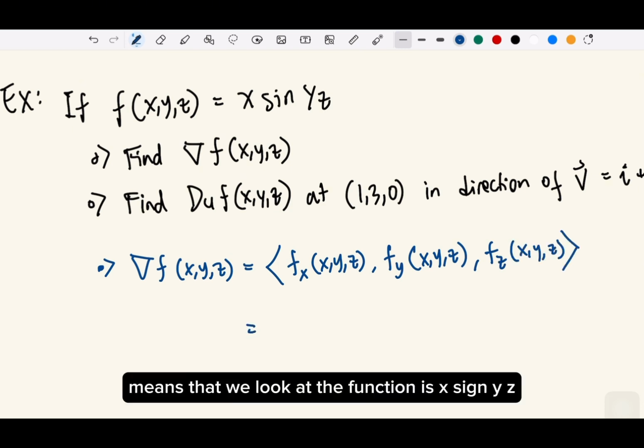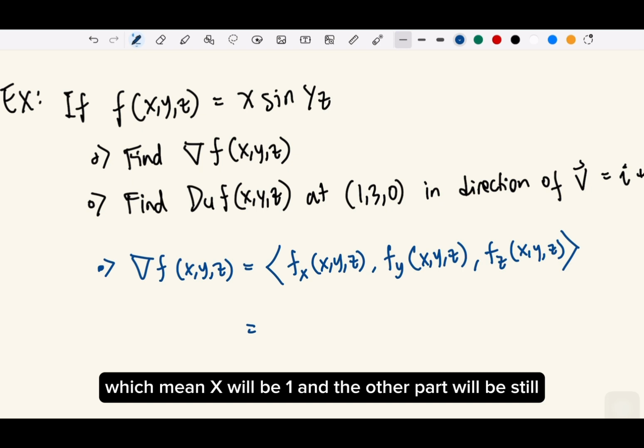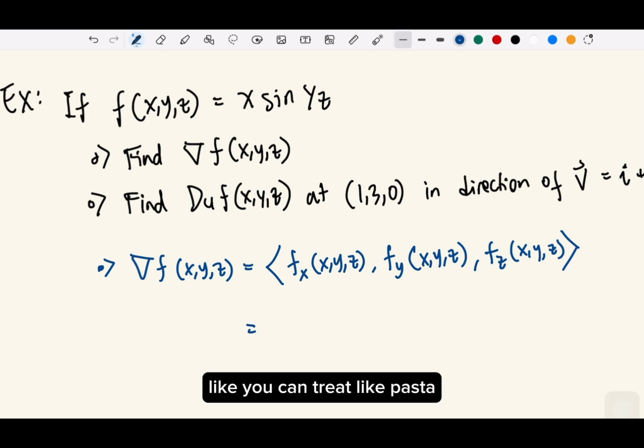Partial x means we look at the function x sine yz and derive x, which means x becomes 1 and the other part you can treat like a constant.